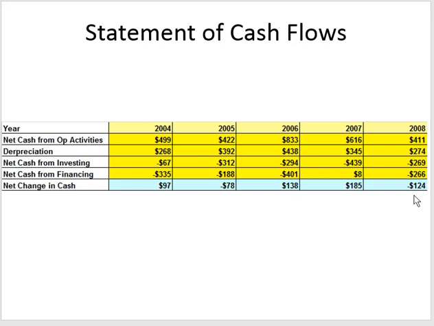But in general, what negative might mean is that this company is in the game of expanding. It's in the game of paying down its debt. And if you look here, the net cash from investing is negative 269, which means they've bought more assets than they've sold.